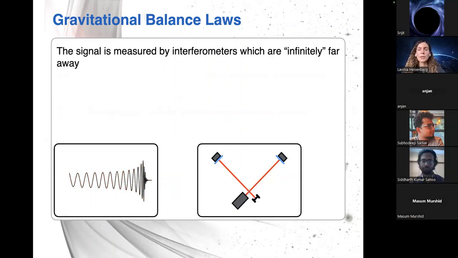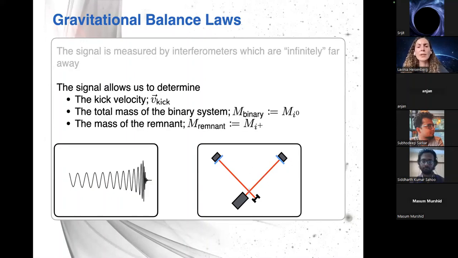We can then mimic that the signal is measured at far infinity, which I am depicting here with these detectors. And the signal allows us to determine certain physical quantities, for example, the kick velocity.